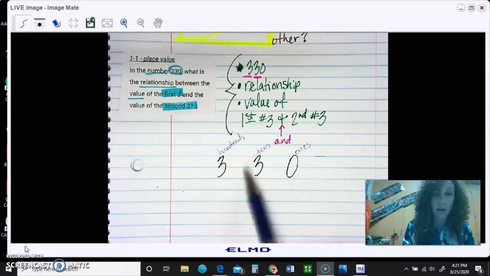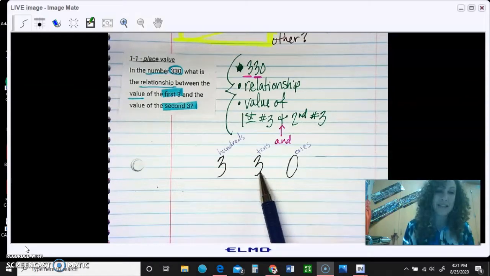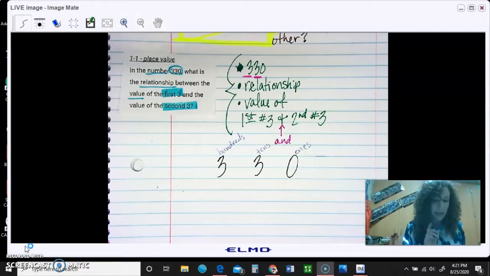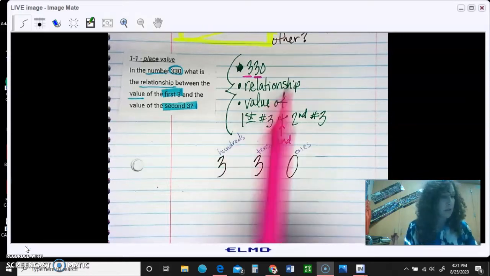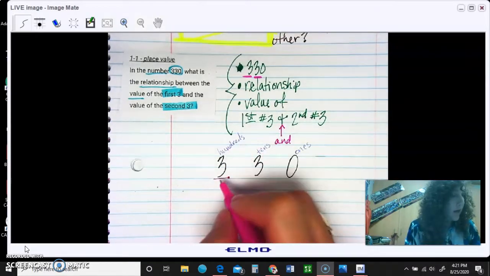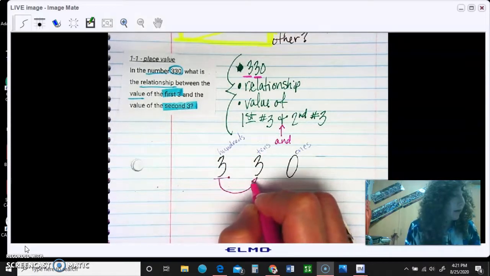The value of this 3 is 30, and we don't have any ones, so the value is nothing, 0, right?